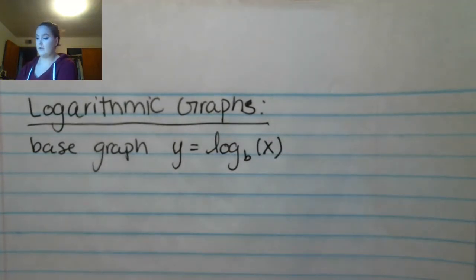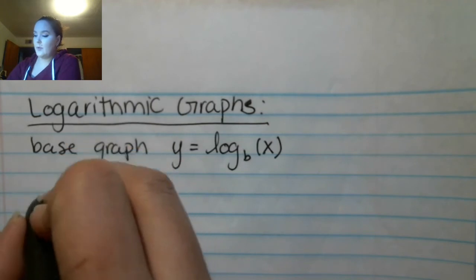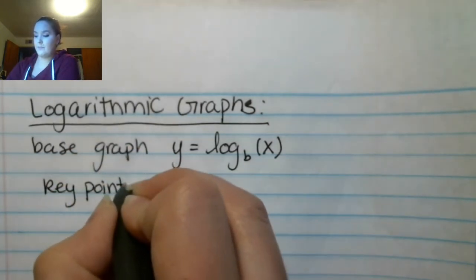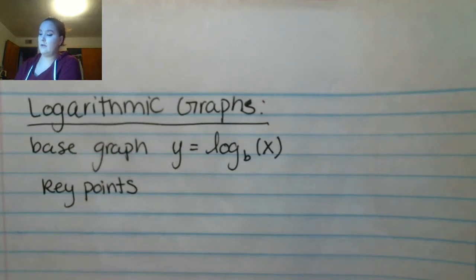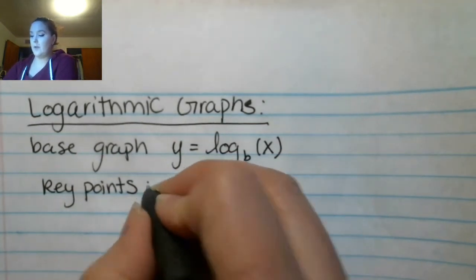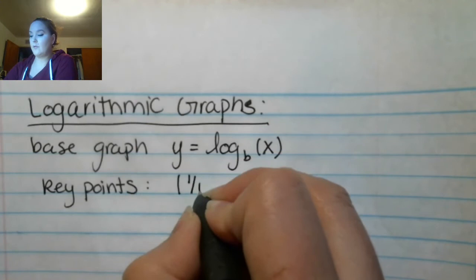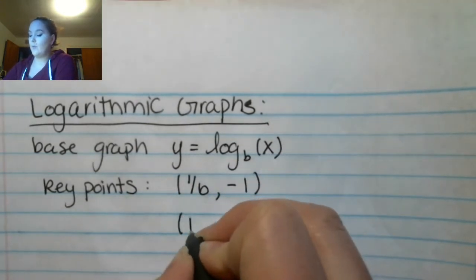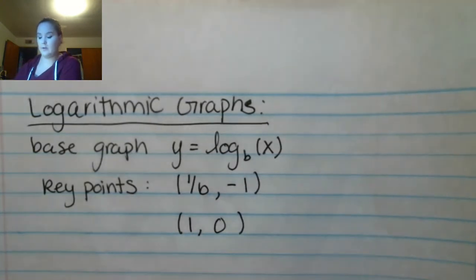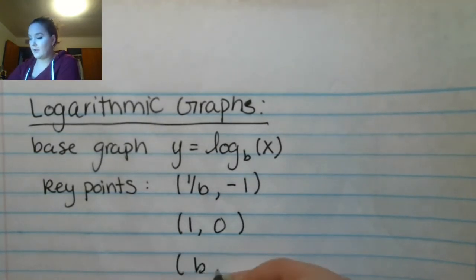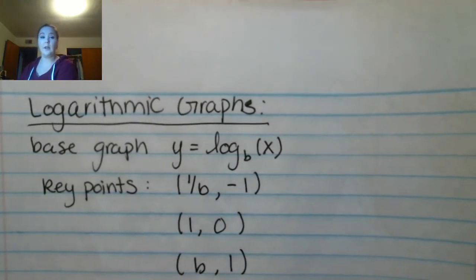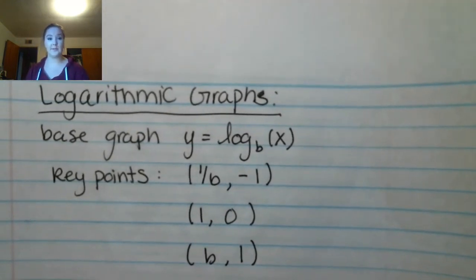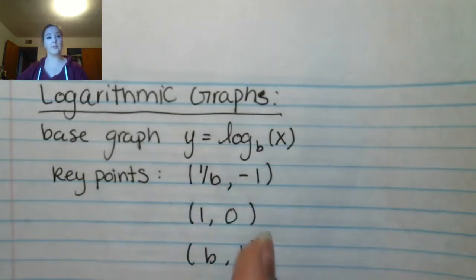So it has 3 key points. So it's going to be 1 over b, -1, 1, 0, and b, 1. If you notice, these are exactly the key points from the exponential functions, just reversed, right?